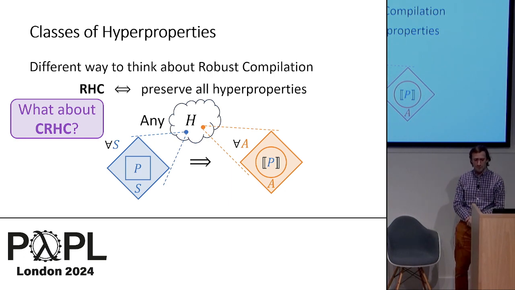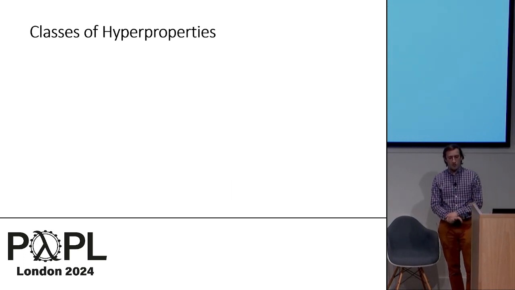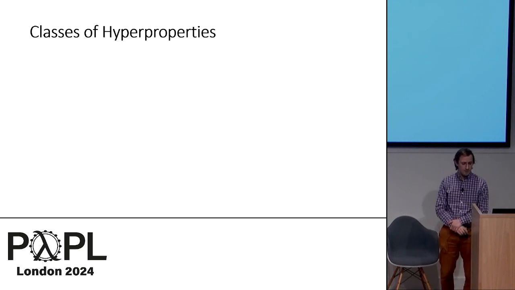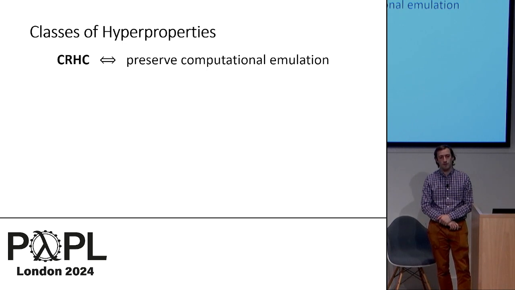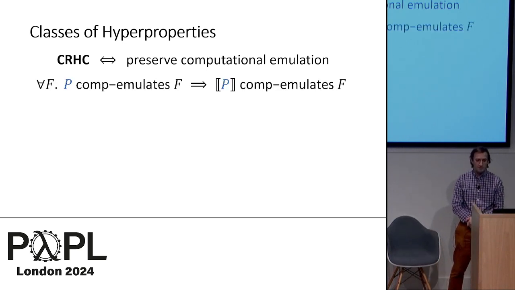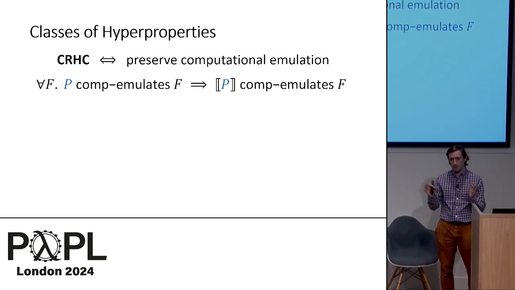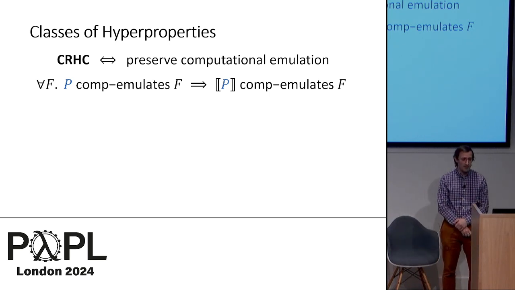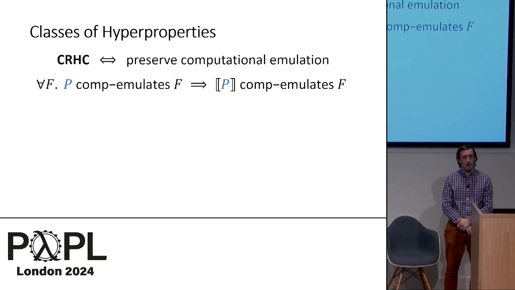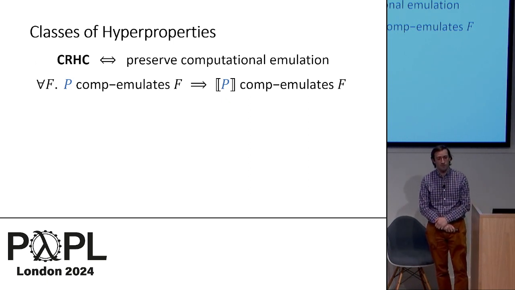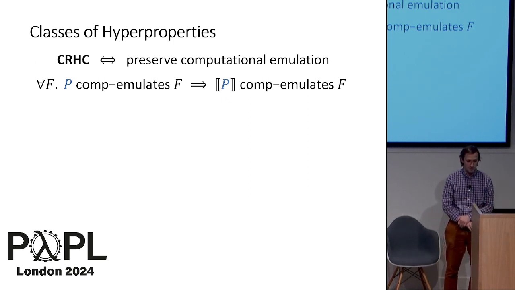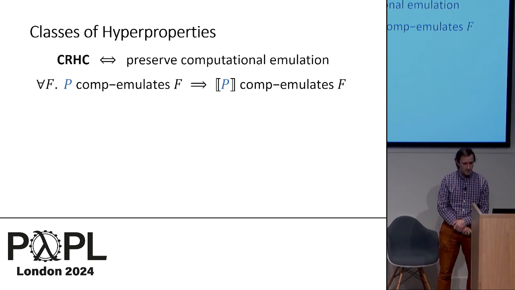What does that look like? Well, at its core, computationally robust hyperproperty preservation is actually preserving computational emulation. So that means that for any functionality, right, this is sort of one of those ideal functionalities, if the source program emulates that functionality, then the target program also computationally emulates that functionality.